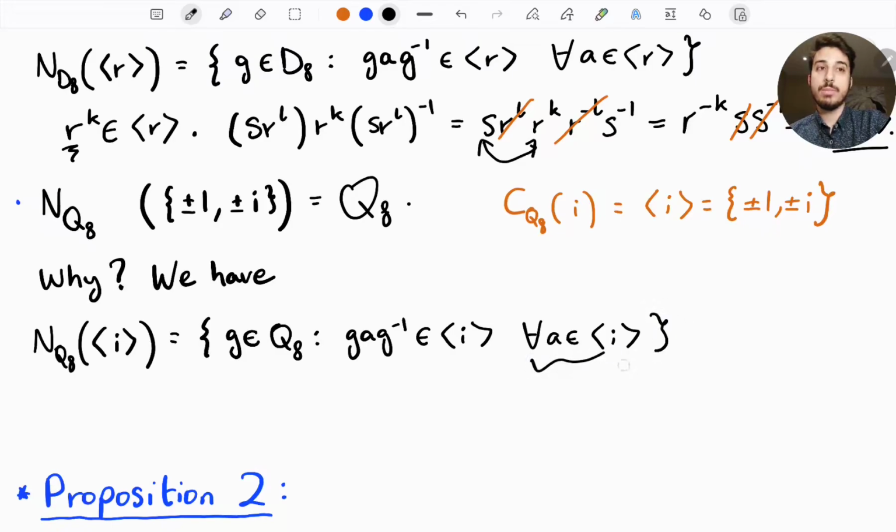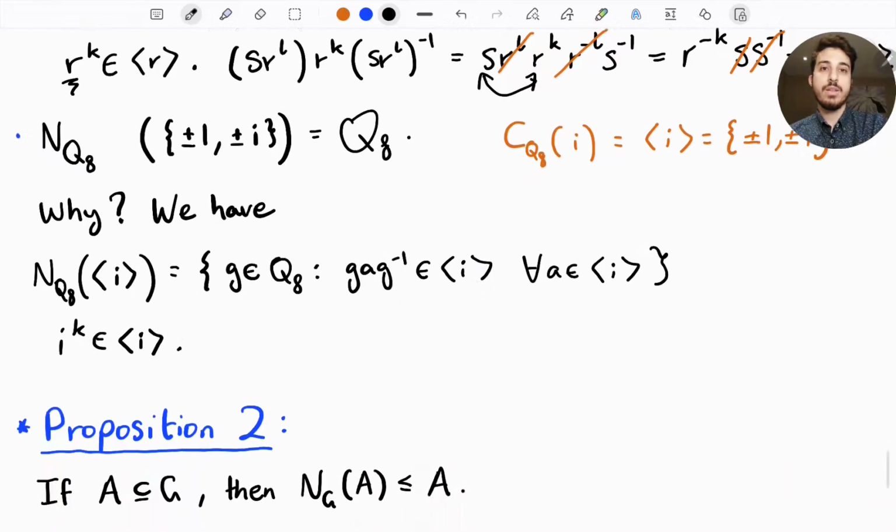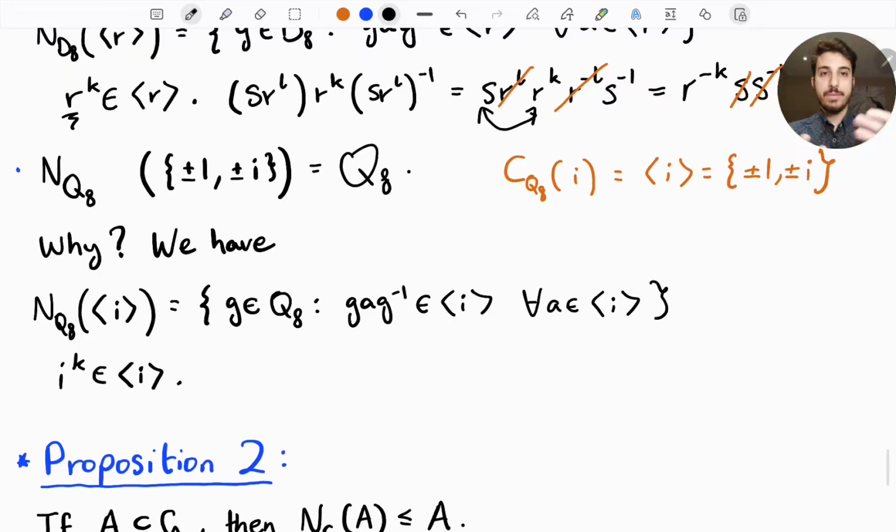So if you want to take an arbitrary a, we've got to take an arbitrary power of i. So i to the k. i to the k is an element in the subgroup of i.